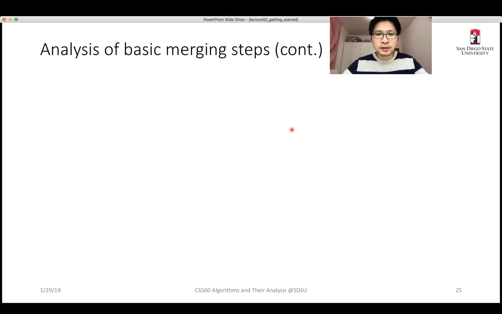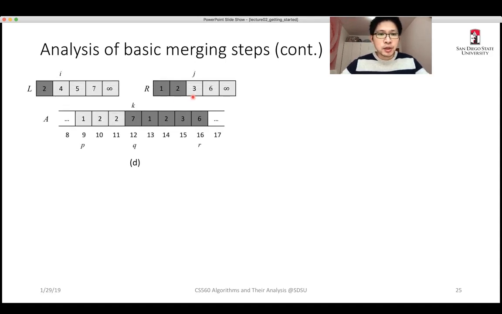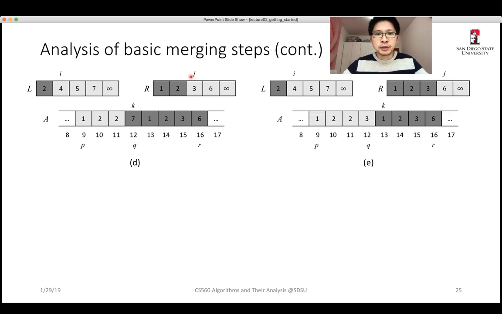And now we can examine all the following steps in a similar way. So we just copy the smaller element in R or L back to A. So this time the smaller one is in R, and after that we'll increment J by 1, and next the smaller one appears in L, which is 4.